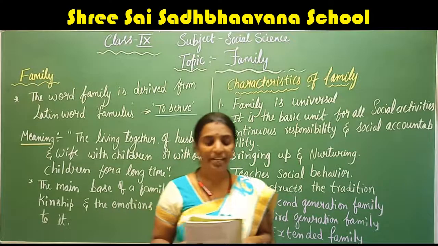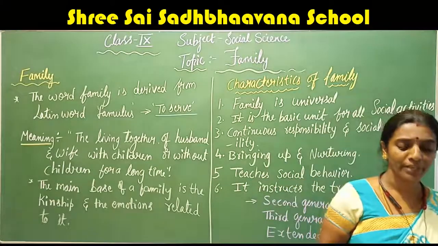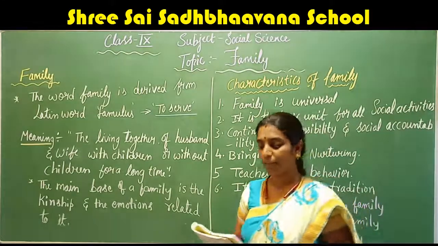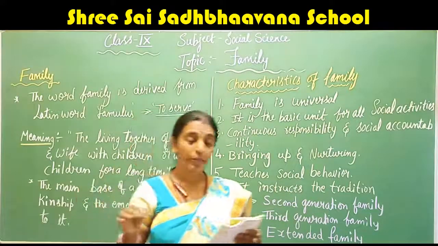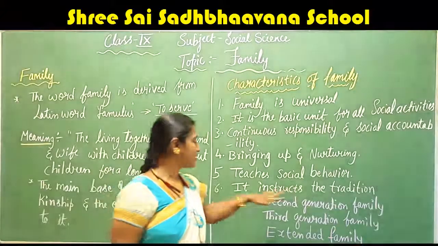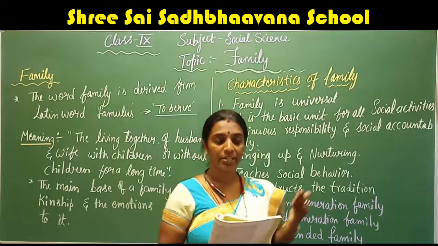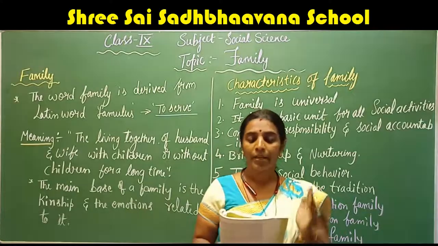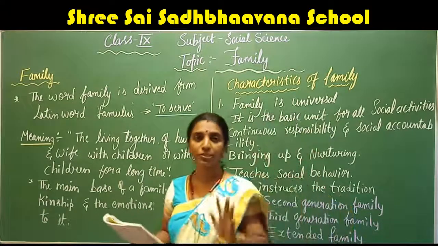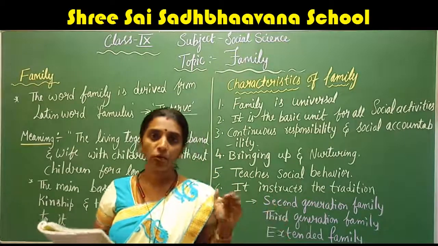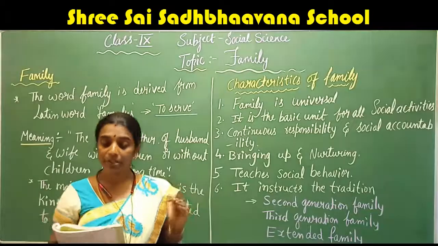It teaches that grandparents make the first generation, the parents form the second generation, and the children form the third generation. Family will teach which is the first, second, and third generation.